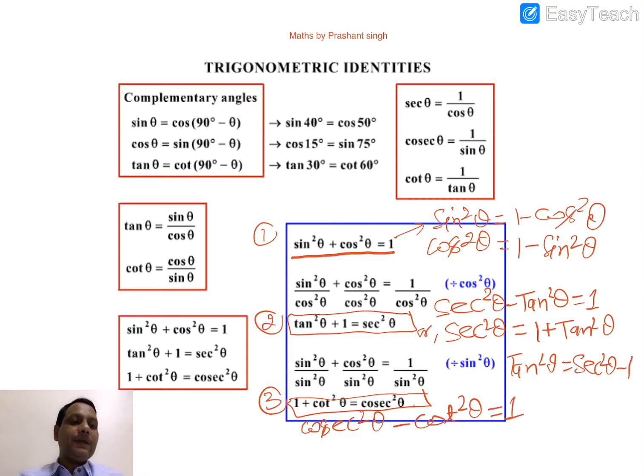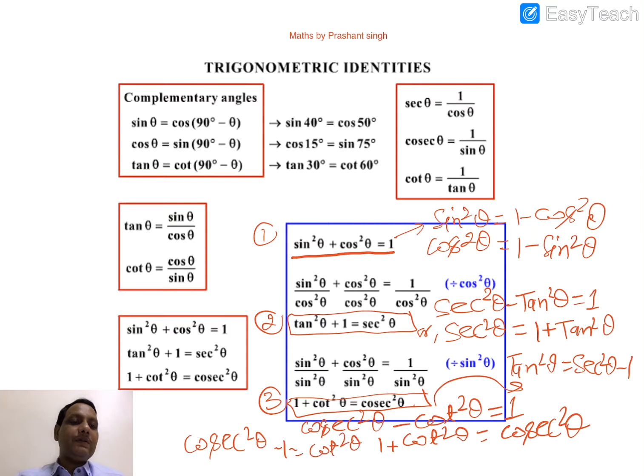Then cosec square theta minus 1 is equal to cot square theta. So this is just replacing according to your requirement; according to that you can use the formula.